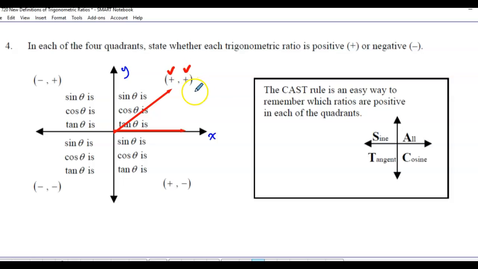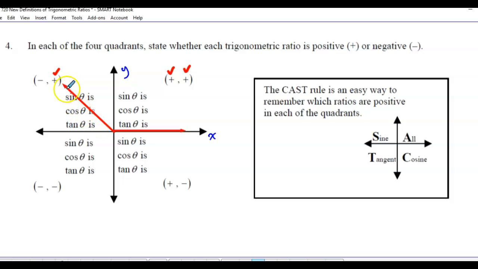So that means when you're doing your sine, cos, and tan, sine is y over r, so y is positive, r is positive, whole thing is positive. Same with cos, same with tan. If I were to rotate this and get an angle in the second quadrant, then remember your y value is positive, so that means that your sine will be positive.